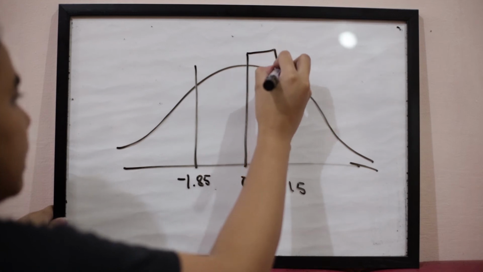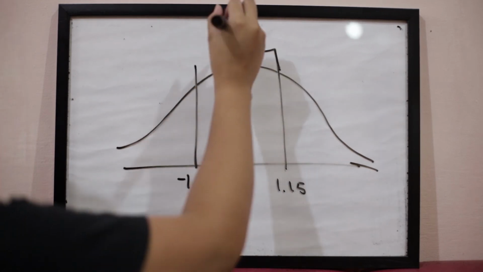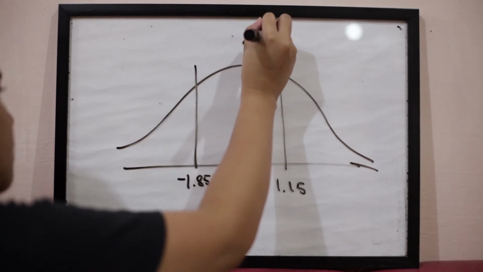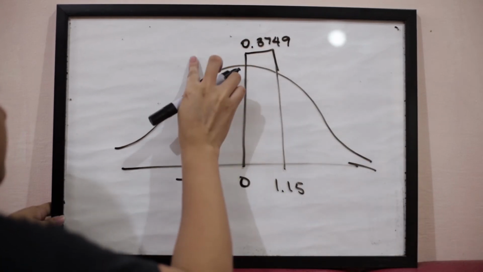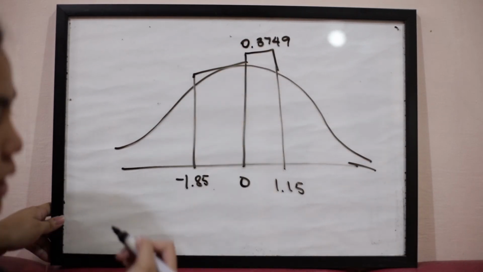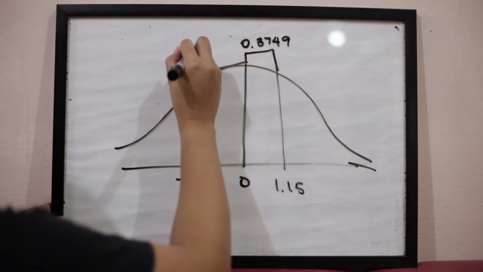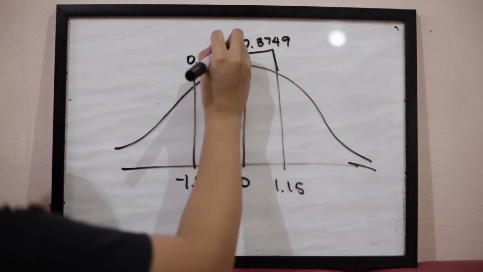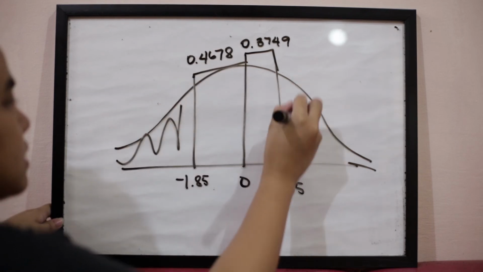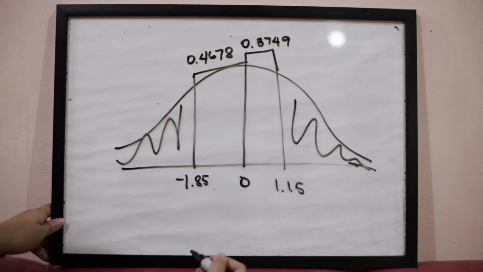Then this one is 0.3749. And this one is 0.4678. And this is the shaded part.